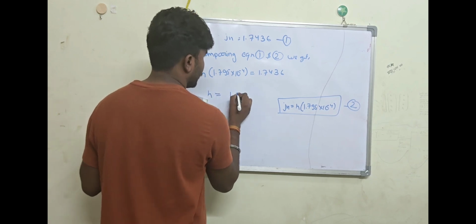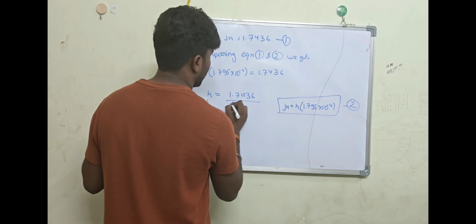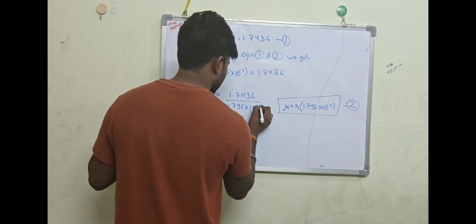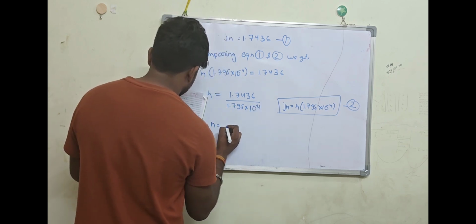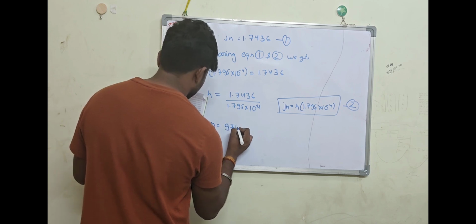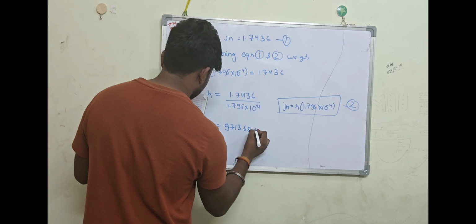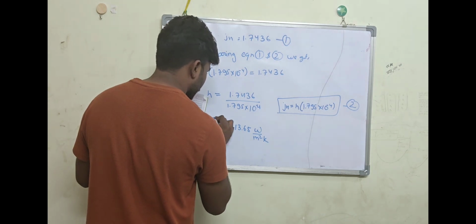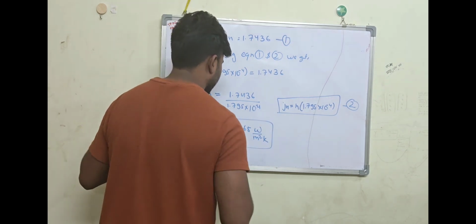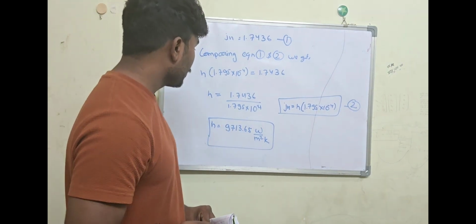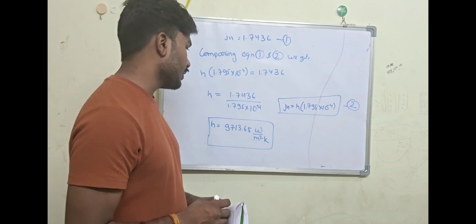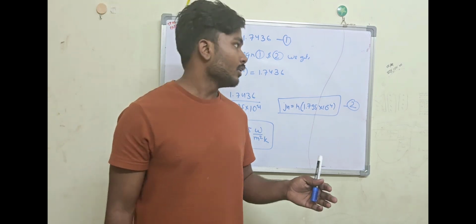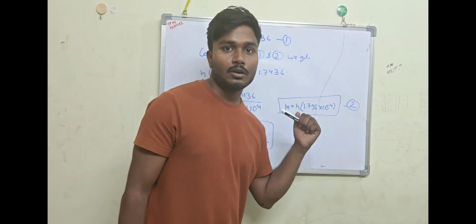H equals 1.7436 upon 1.795 into 10 to the power minus 4. So we get H equals 9713.65 watt per meter square Kelvin. So the heat transfer coefficient turns out to be 9713.65 watt per meter square Kelvin. So we had calculated the heat transfer coefficient for this question. That's all for that question. Thank you.